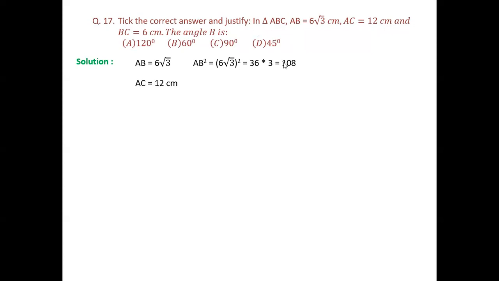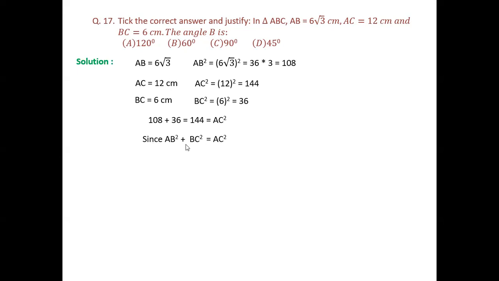Now let's take AC, 12. AC square will be 12 square, 144. Next take BC. BC square is 6 square, 36. Now if you see here, you are getting 108 plus 36 equal to 144, which is equal to AC square.